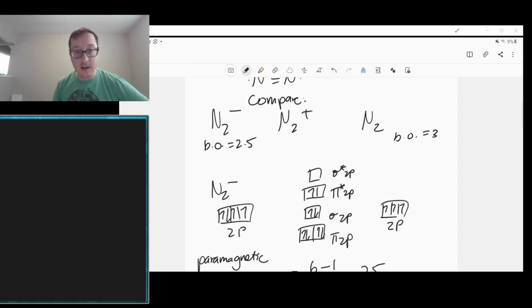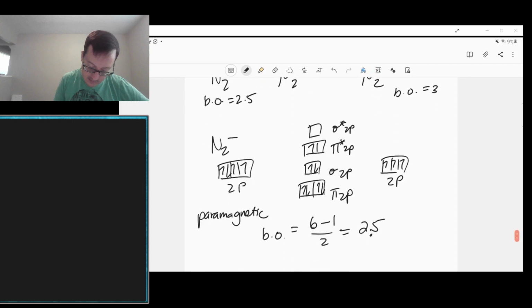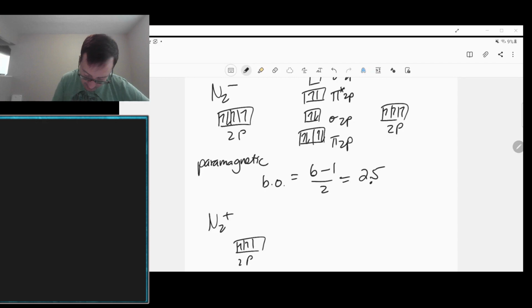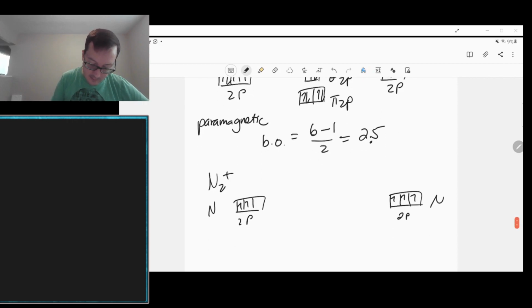And if we go ahead and look at N2 plus, I'm going to take away one of the electrons from one of the nitrogens. All right, let's go ahead. Here's our boxes again.